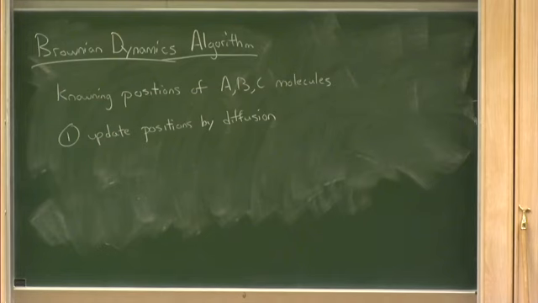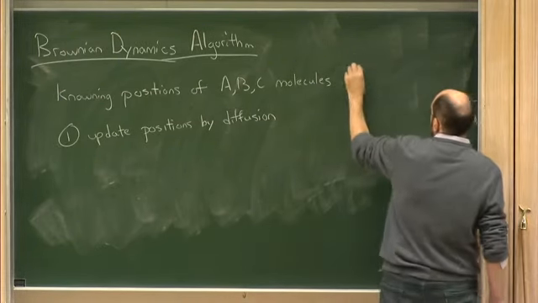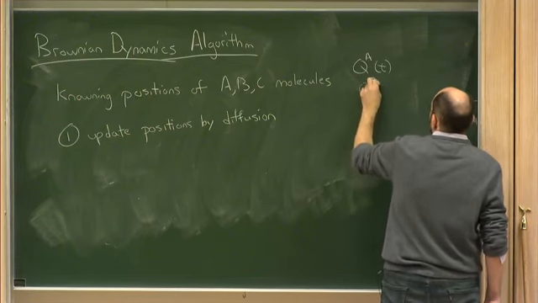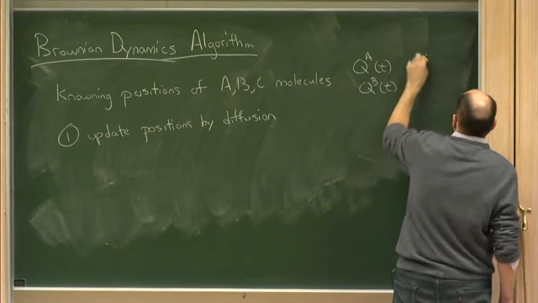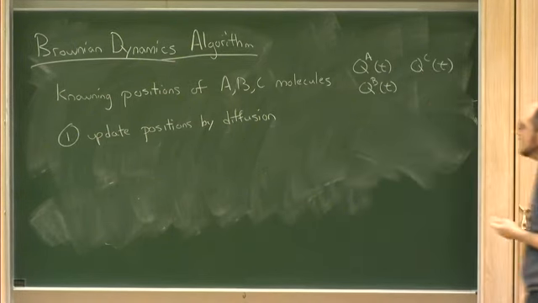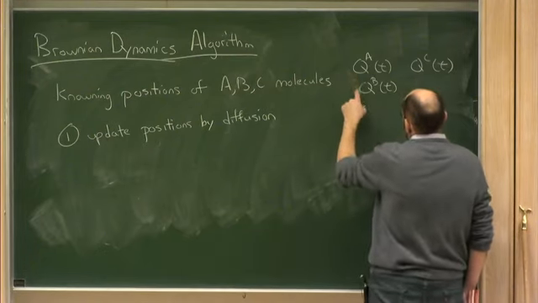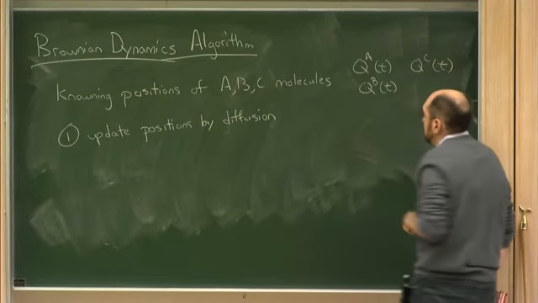And let's see, I guess I need a notation. So let's call these positions QA of T, QB of T, and QC of T. So those are the state vectors for the positions of the A molecules, the B molecules, and the C molecules. Is that okay with everyone? So I'm lumping them all together, right? Just like my other notation that I had.